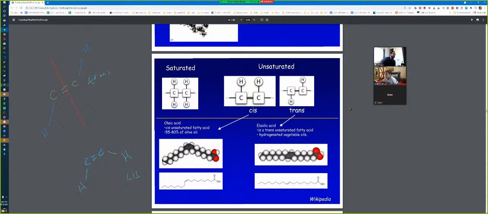And in organic chemistry, when it comes to naming compounds, you actually use German words for the two. So cis is this thing called Zusammen, and trans is a word called entgegen.